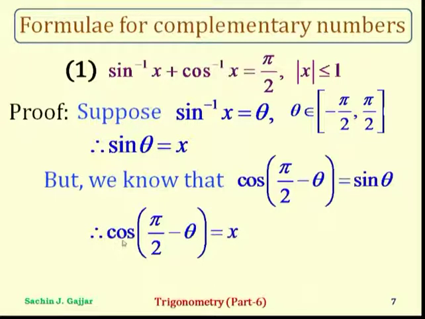Now we want to take cos on the right side and it will become cos inverse, but there is some condition needed. Pi by 2 minus theta must lie in minus pi by 2 to plus pi by 2. So before taking this cos on the right side, let's try to prove that pi by 2 minus theta lies in this interval.